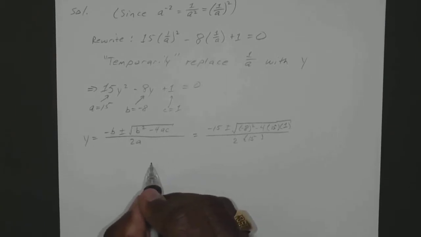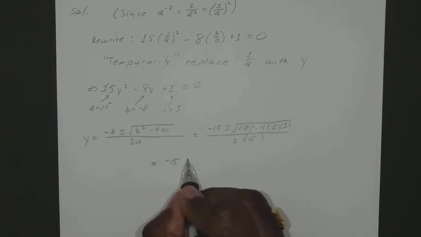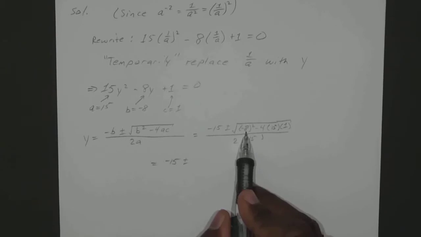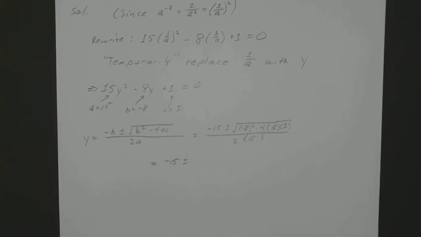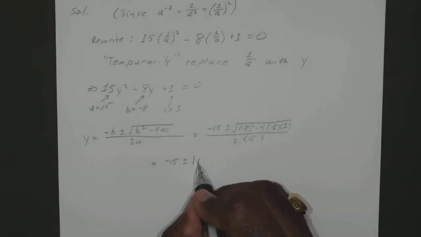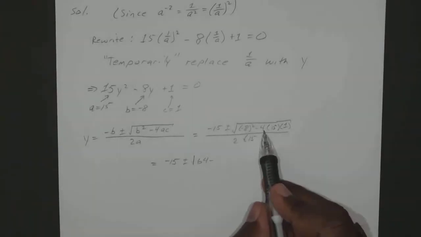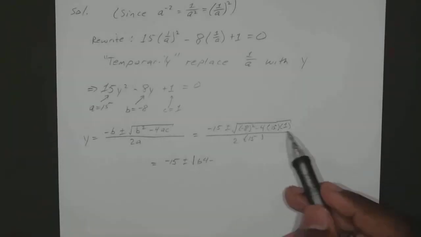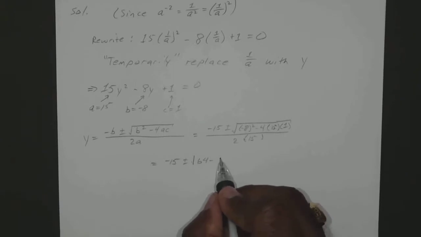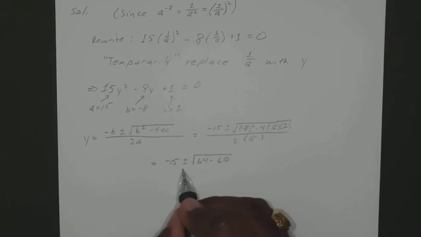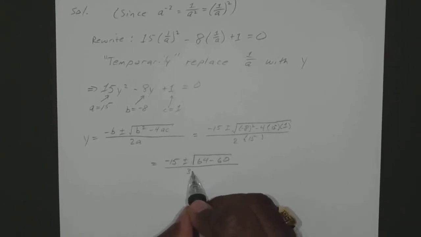Okay, so that gives us -15 plus or minus, -8 times -8 is positive 64. 4 times 15 is 60, all over 30.